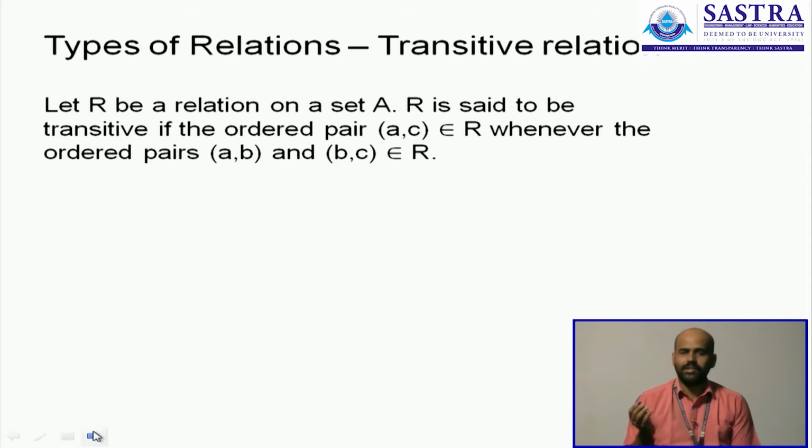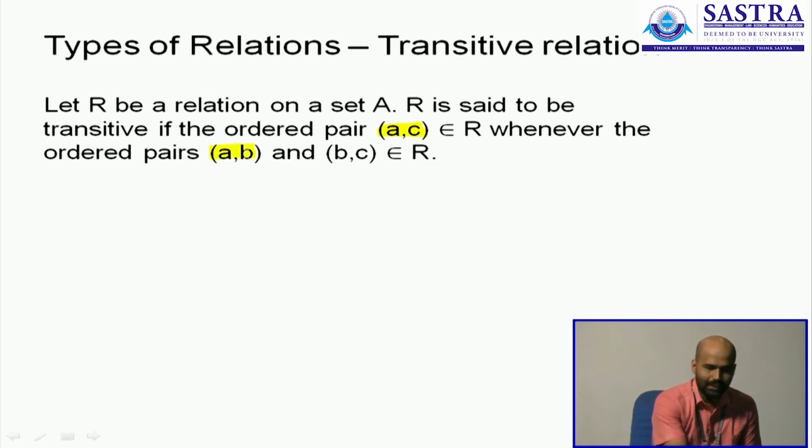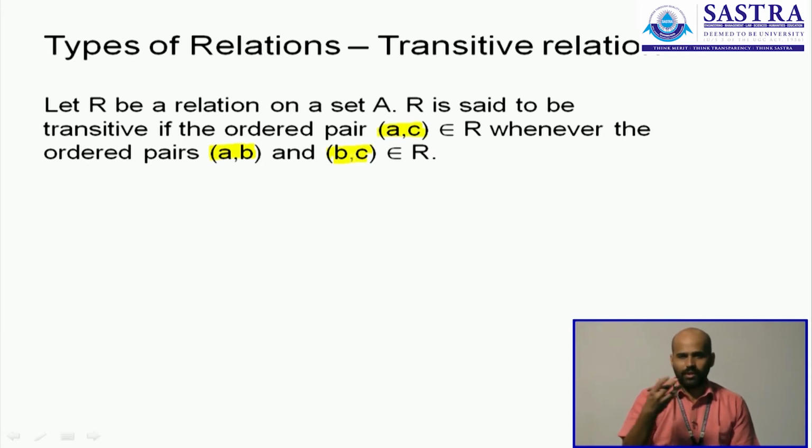Next one is a transitive relation. This is also pair specific. A relation R defined on a non-empty set is said to be transitive if you have the ordered pair (a, c) included whenever there are two pairs (a, b) and (b, c) which are part of the relation. So whenever you have these two pairs (a, b) and (b, c), a third pair should also necessarily be included as part of the relation.